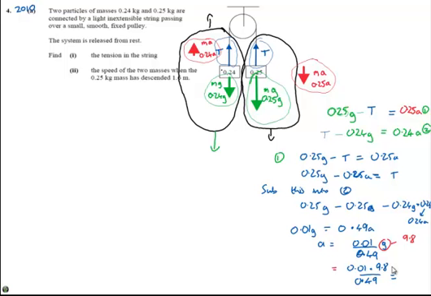So it'll be equal to 0.01 times 20, which is equal to 0.2 meters per second squared.